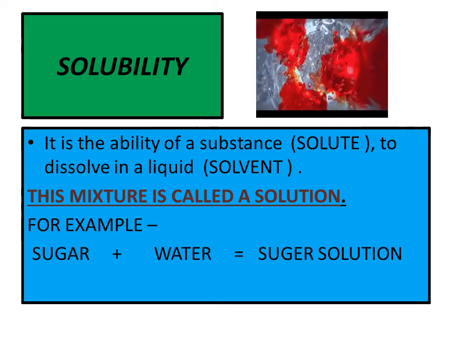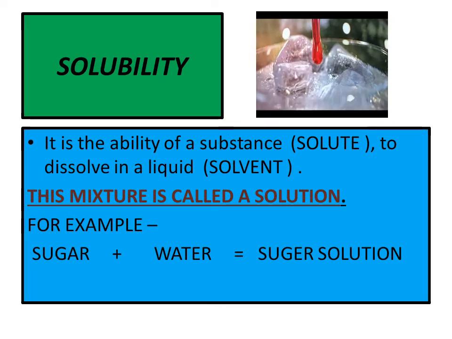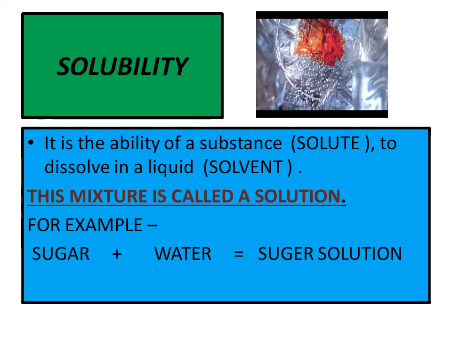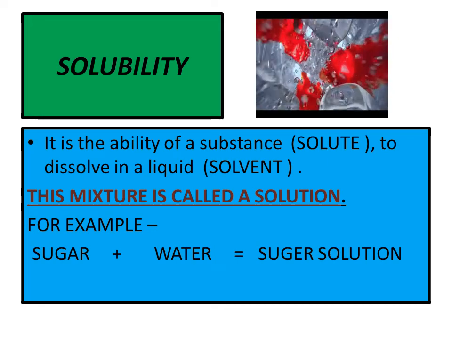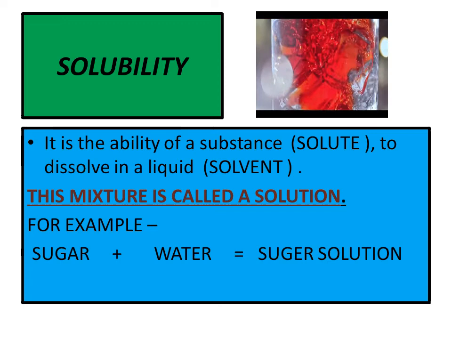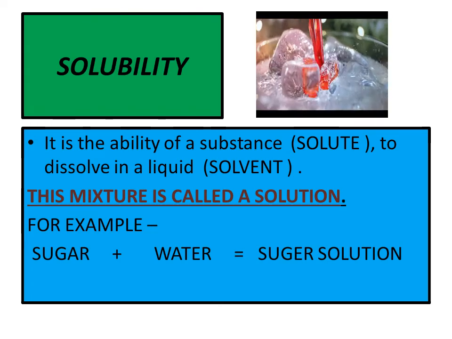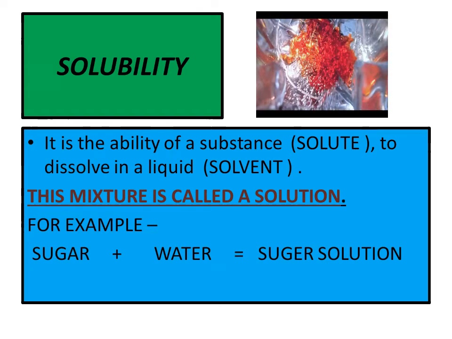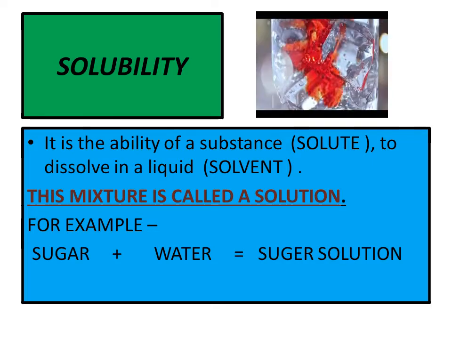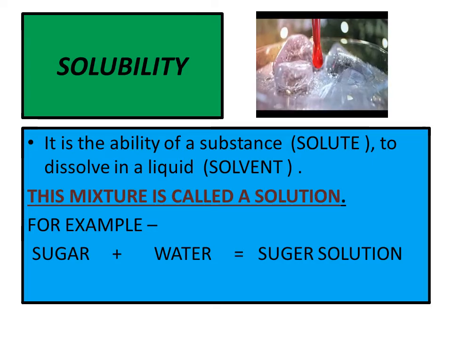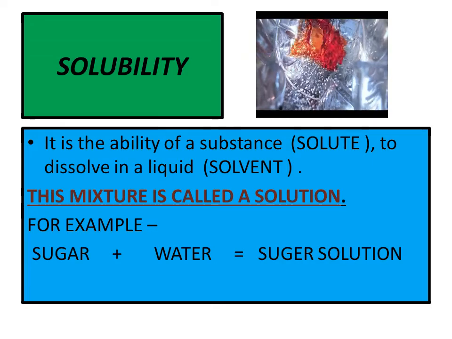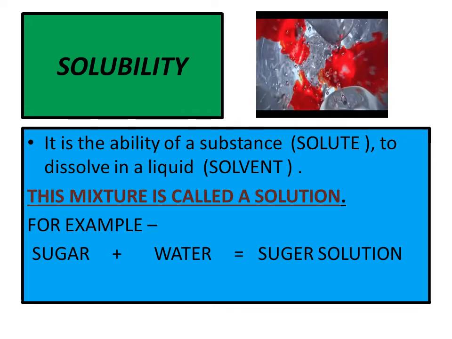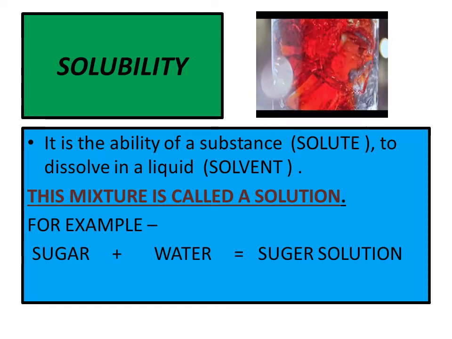Solubility is the ability of a substance that is called solute to dissolve in a liquid, and the liquid is called the solvent, and this mixture is called a solution. For example, we will take a simple example from our day-to-day life.